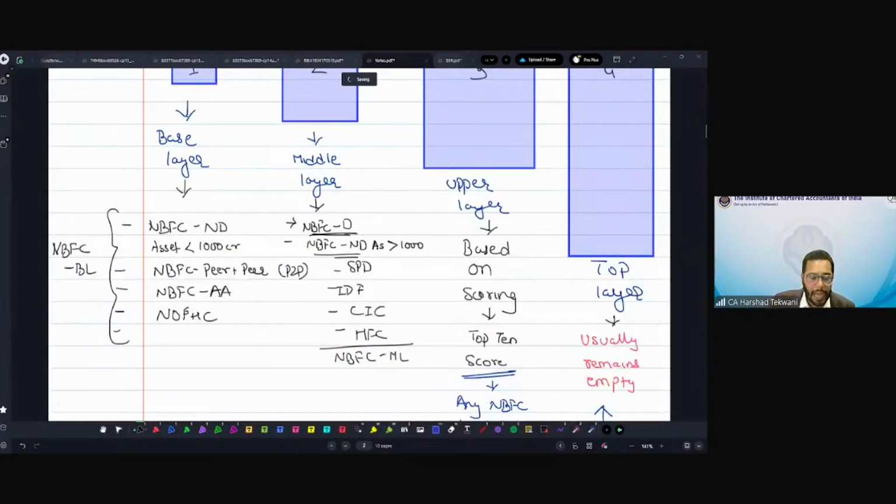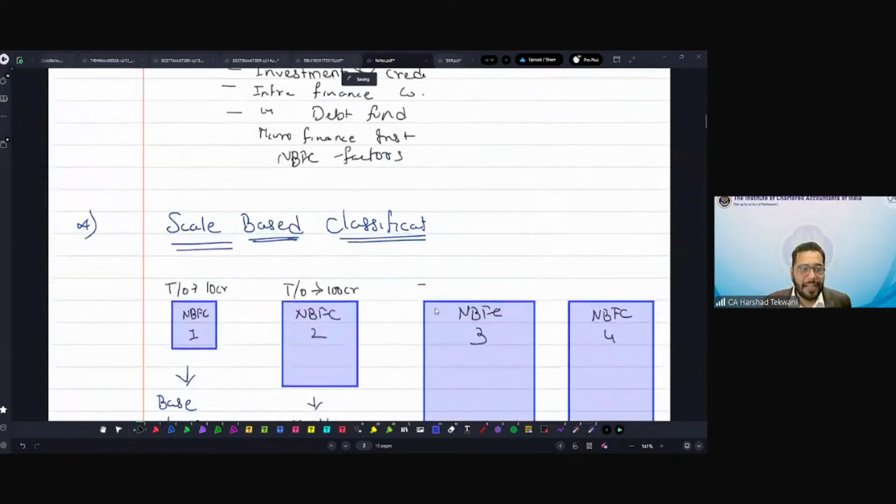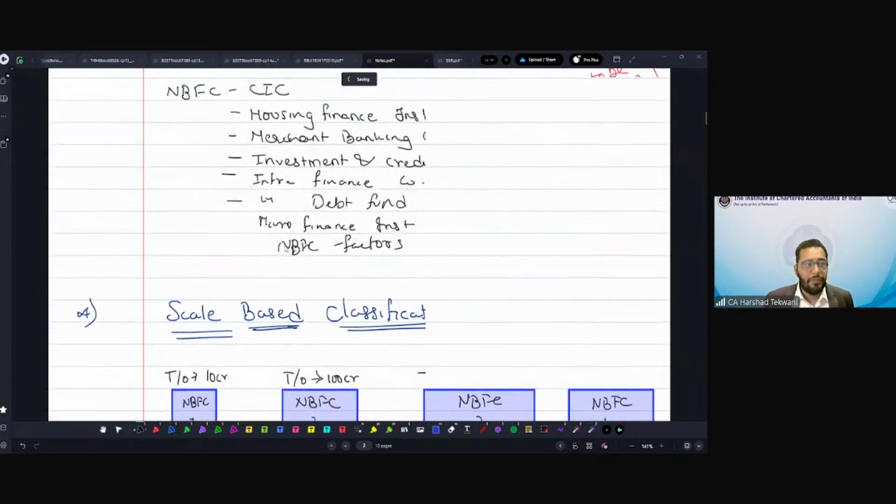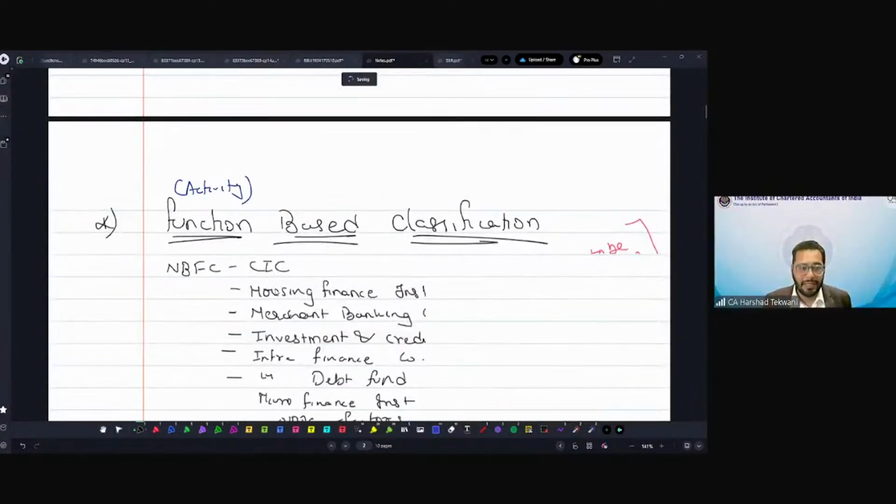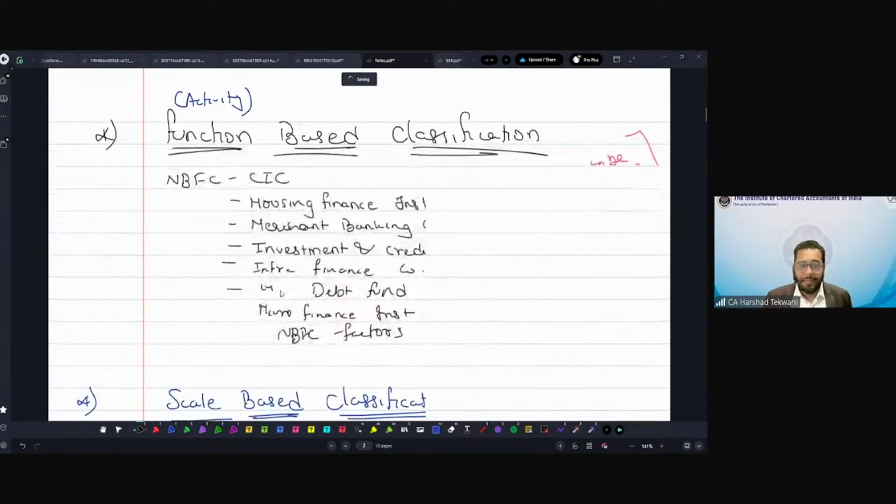Yes, sir, I'll tell you. I'll come to that point. That's why the first classification came into the picture. Now, the first classification was function-based, CIC, HFC. When I talk about function-based or activity-based classification, there is a separate requirement for them. So they are separately classified. They have separate regulations apart from the scale-based regulations.